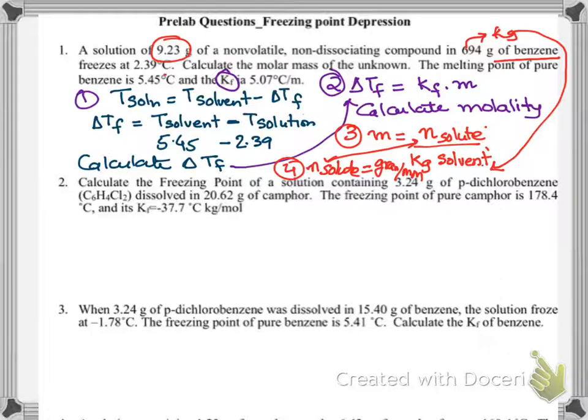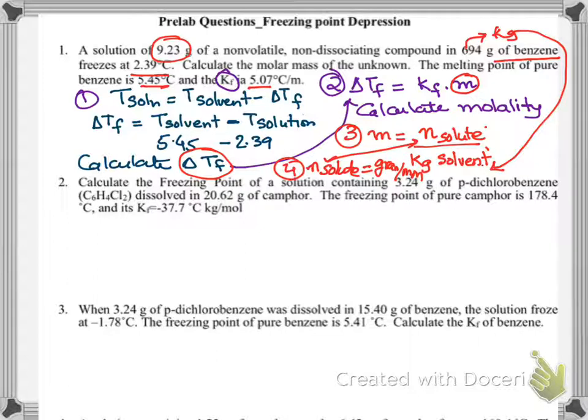I am given the T solvent value here. I am given the T solution value here. Using that, I can find out delta Tf, which is step number 1. Step number 2, I can use the formula delta Tf equals Kf times m to find the value of molality. Kf is the freezing point depression constant and the value is given here.